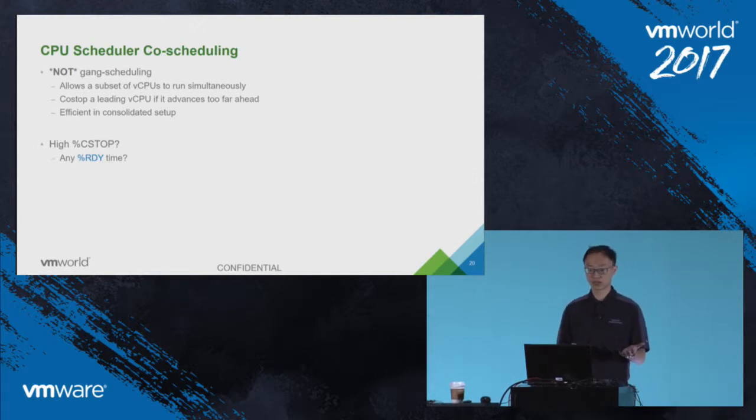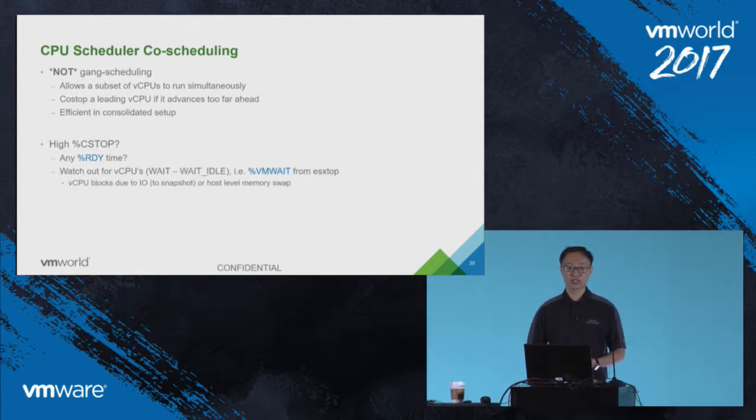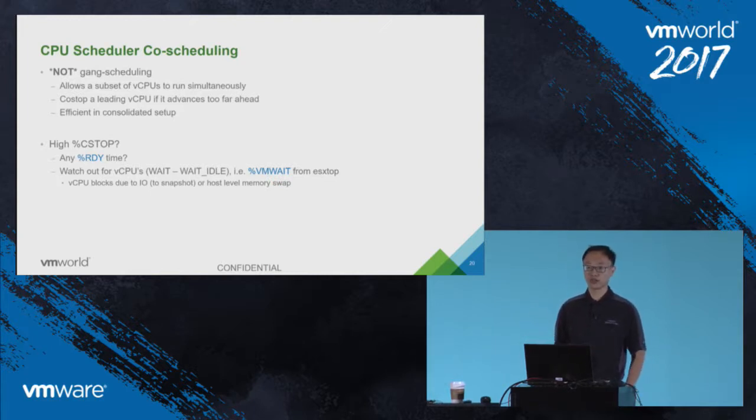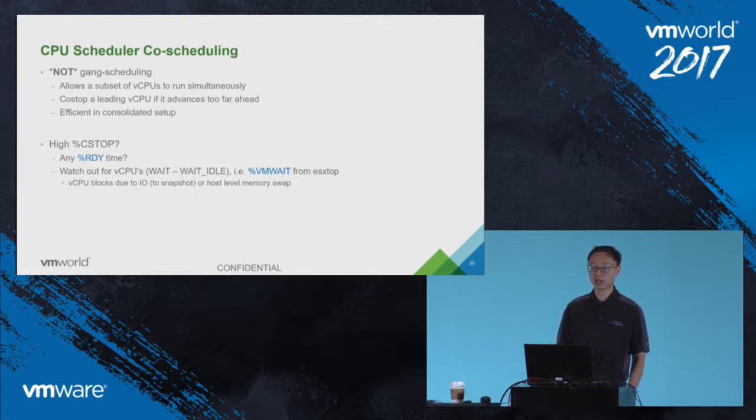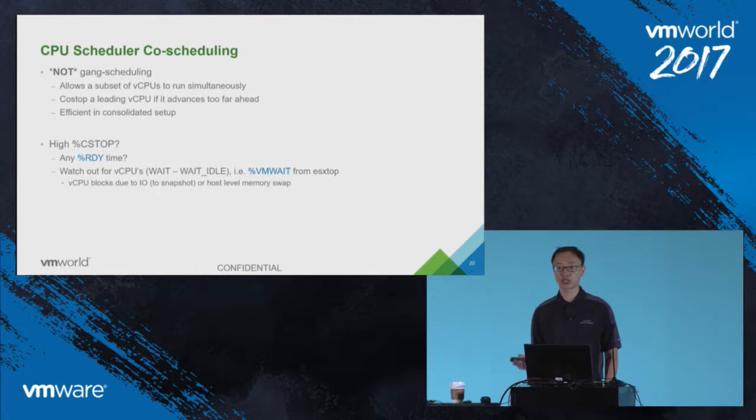The second thing to check is the VM wait, which is the non-idle wait of the VM, which represents the time spent waiting for IOs or memory pages to be swapped, all those things. In those cases, the vCPU needs to be paused so that after the event is done, we can resume execution.